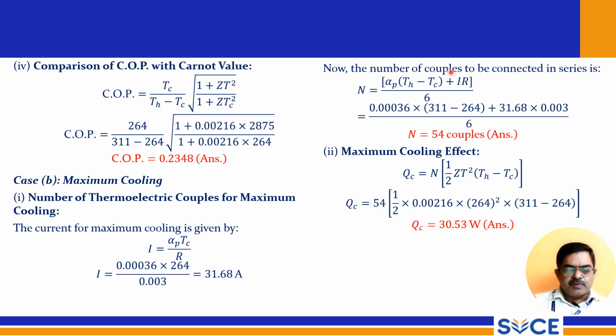Now the number of couples to be connected in series is n equal to alpha P into Th minus Tc plus Ir, divided by 6, and n becomes 54 couples. And maximum cooling effect Qc is given by this equation, and substituting all these terms, we are getting Qc equal to 30.53 watts. So this is the answer.